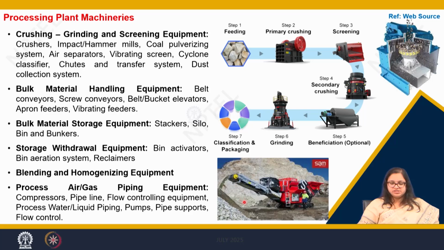So here you can see the in-pit crusher, where the excavation takes place and immediately the material is fed into the jaw crusher, where it is processed to the final shape that can be used by the consumer.